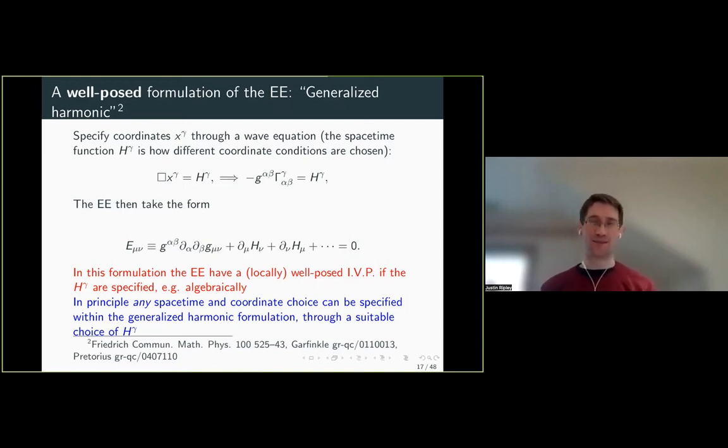And then you hope that when you correct for that solution to give you the full solution, by solving Einstein equations iteratively, then you actually reach the one you want. But it's not coordinate, and as you said, like the physics shouldn't change. The physics should be unique.